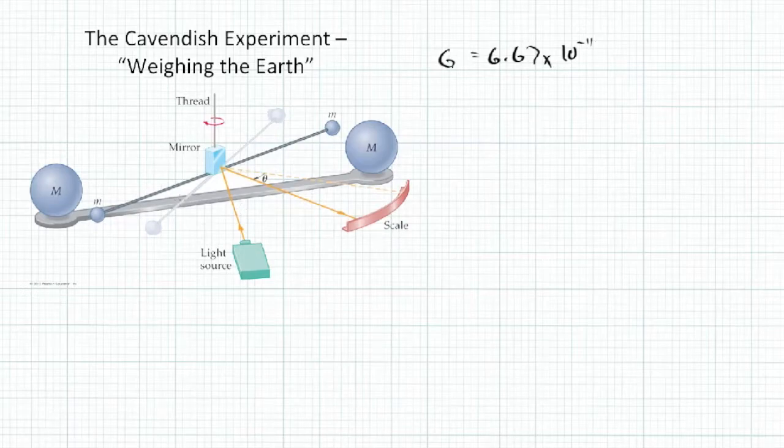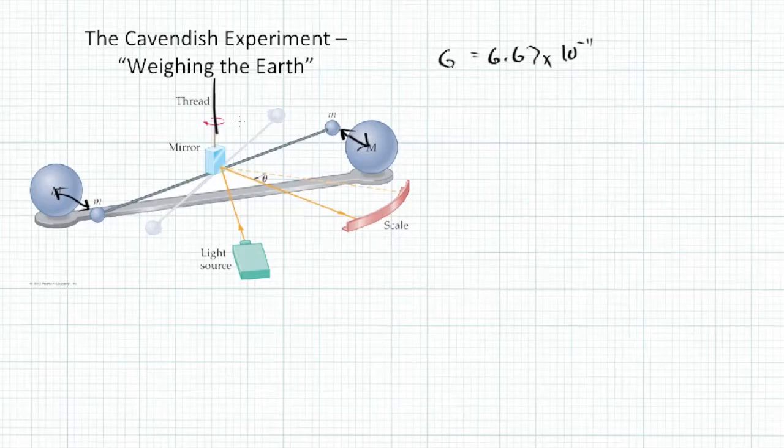He had two sets of masses, and these smaller masses you can see are on the end of a rod. And the gravitational attraction between these masses made the rod, which is on the end of this string or thread, spin, and because of that spin he was able to measure how much gravitational attraction there is.